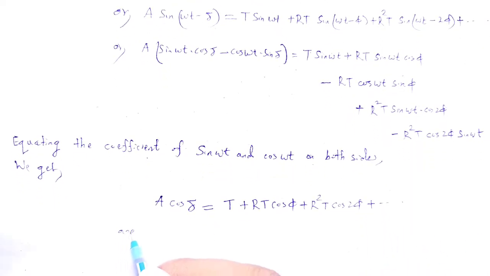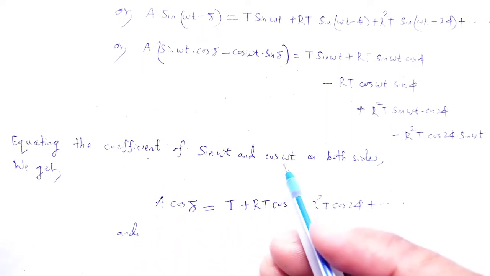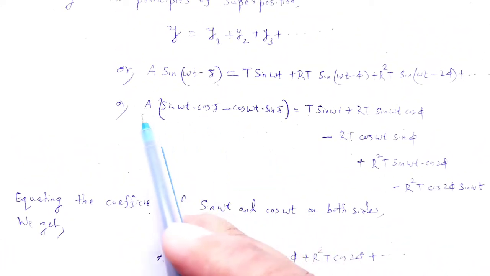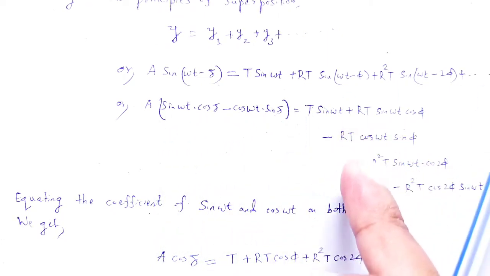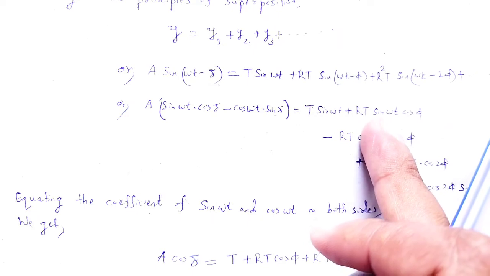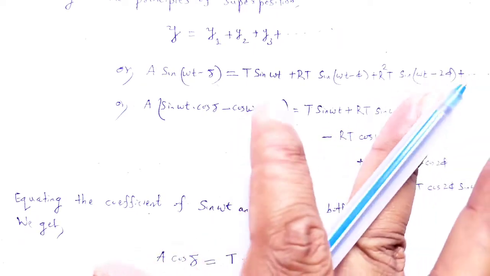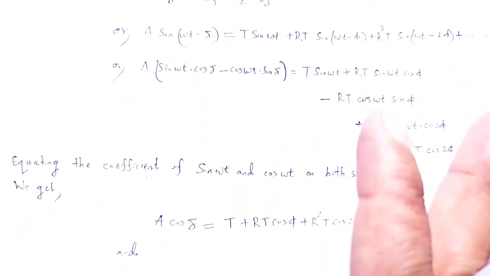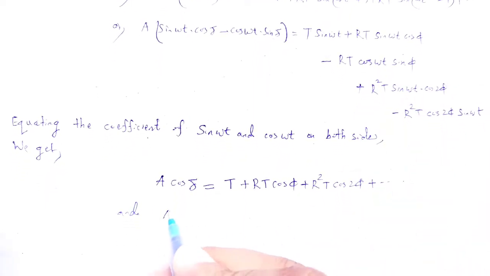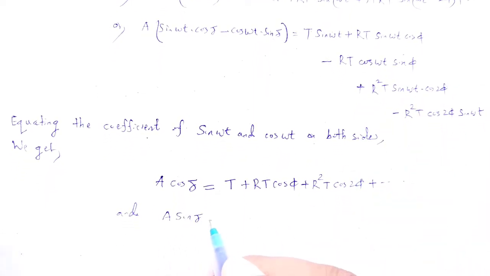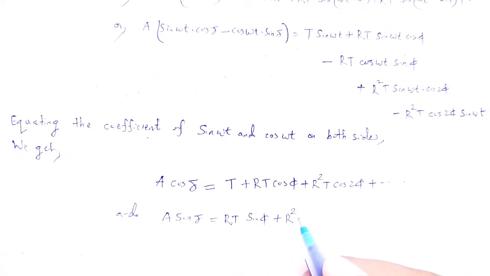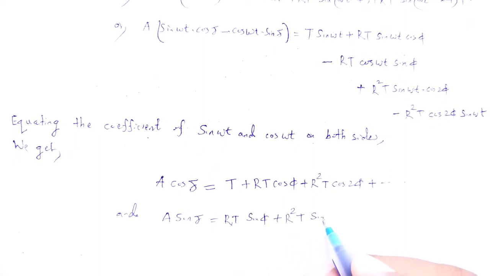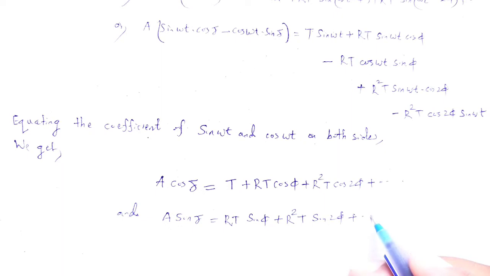And equating the coefficient of cos omega t, here you obtain minus A sin delta. Again on that side also there is a minus term, so the minus terms on both sides cancel each other. We have A sin delta is equal to rt sin phi plus r square t sin 2 phi plus dot dot dot.